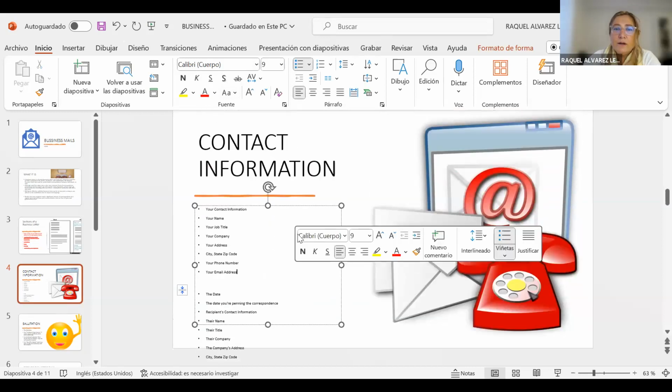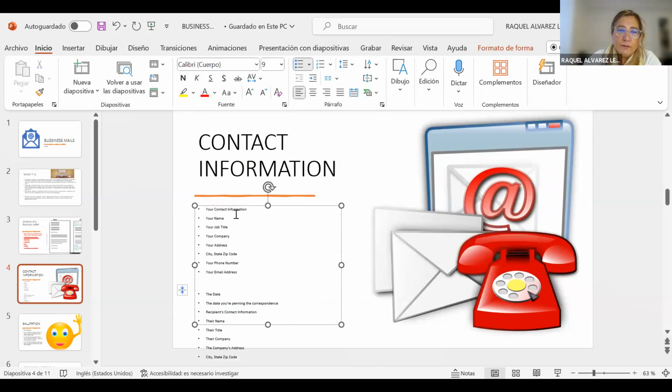So when you are going to open your business mail, it's important to put not only your contact information, but also the information of the company or the person you are referring to in your business letter, okay?